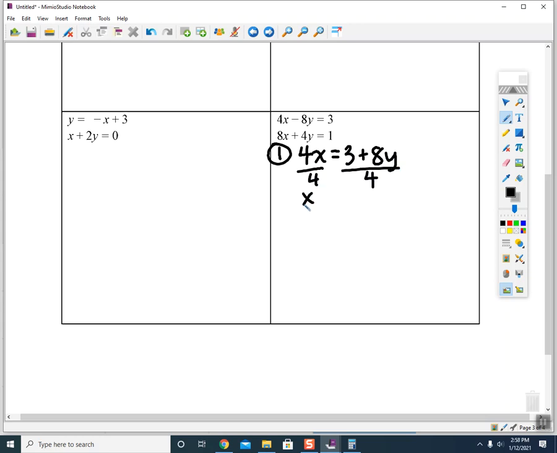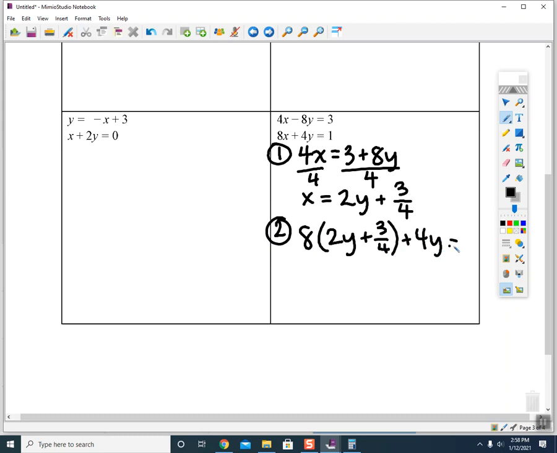So x is going to equal 2y plus 3/4. That's my equation solved for x. Now I'm going to take it and plug it into the next one. So we would have 8 times (2y plus 3/4) plus 4y needs to equal 1.